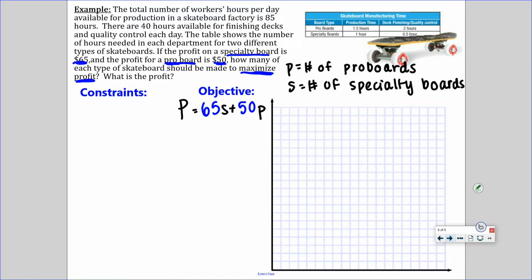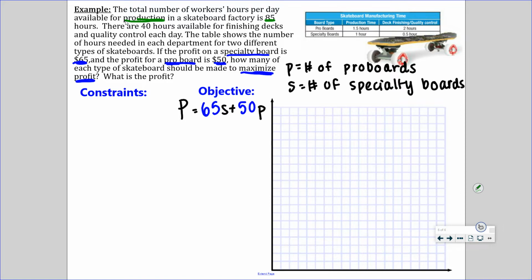We know that the total number of workers' hours per day available for production, now I'm just going back and looking for numbers here, is 85 hours. So we only have 85 hours of production time between my two boards here. So looking at my table, it takes me 1.5 hours of production time for every pro board.